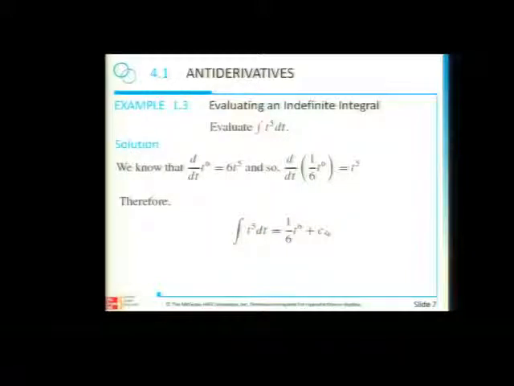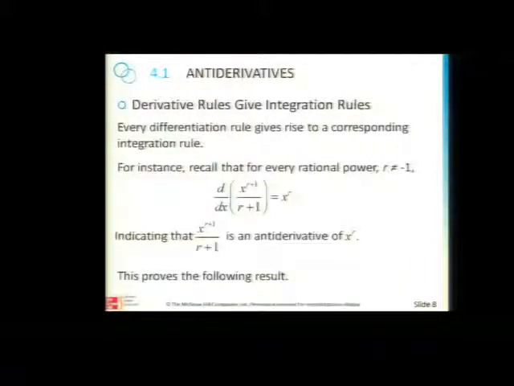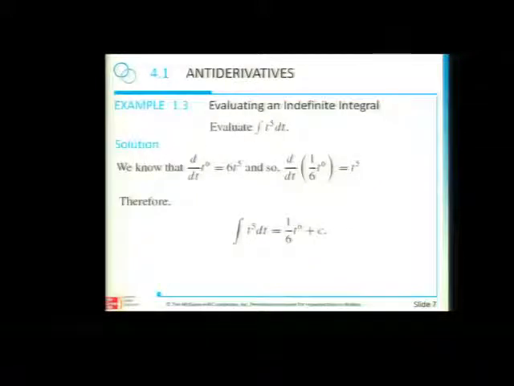But of course, this one is very simple, t to the power 5, so by inspection we can see the antiderivative. But what if the integrand is more complicated? Then we are in trouble.